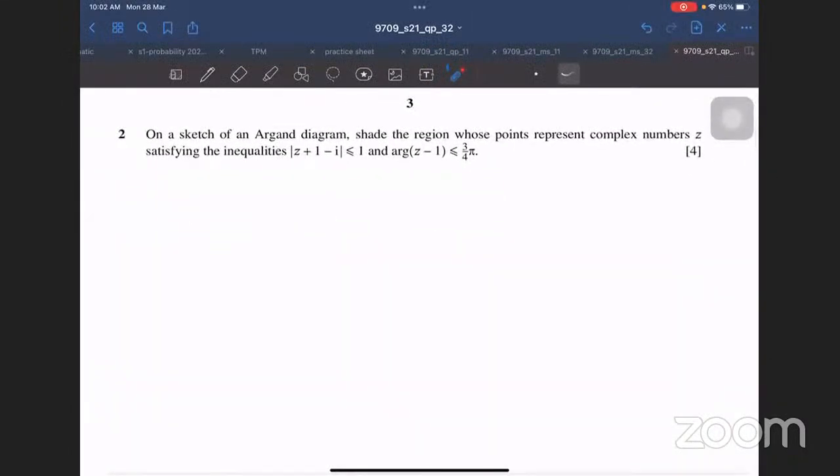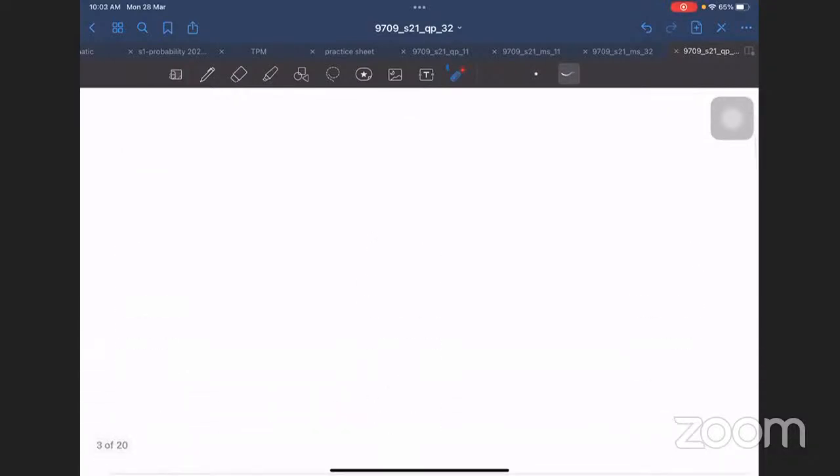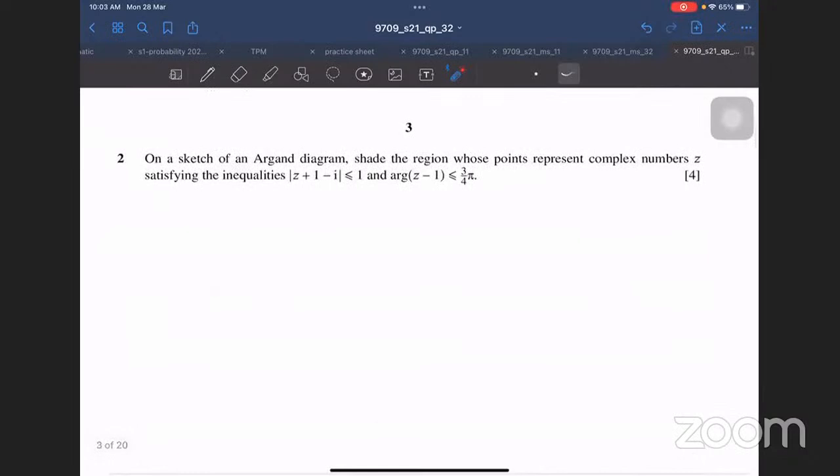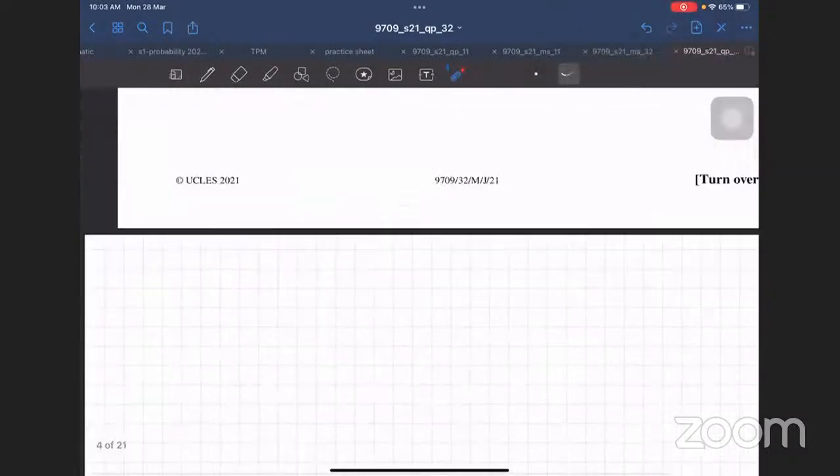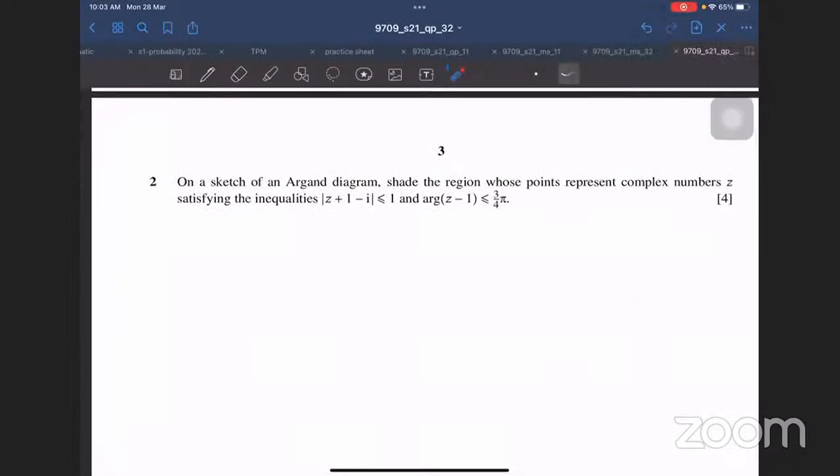Okay, next it says on a sketch of an Argand diagram, shade the region whose points represent the complex number z, satisfying the inequality. Since I don't have a scale on this, I'm going to add a grid so that I can show you better how to do this. Now there are two loci that I need to draw.